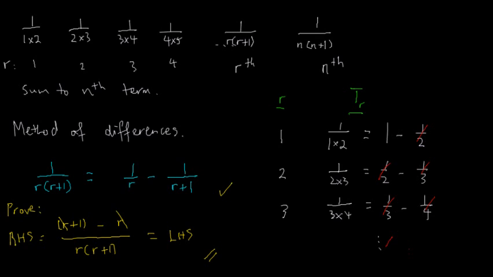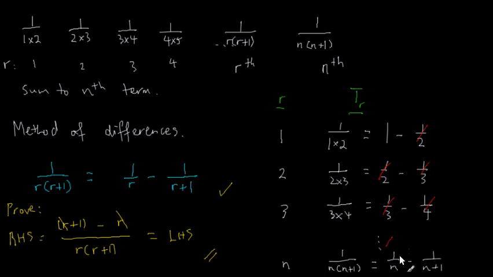Now let me write out the very last one just to check. The very last one is the nth term, so that's when r equals n. Then it's 1 over n times n plus 1. And using this formula, that would be 1 over n minus 1 over n plus 1. So if you look at this pattern, this cancels with that, that cancels with that, and so on.